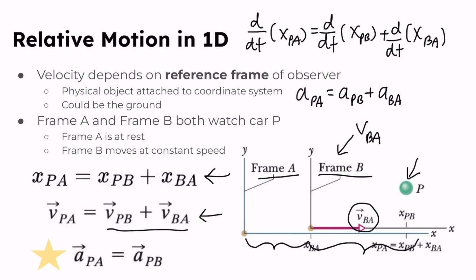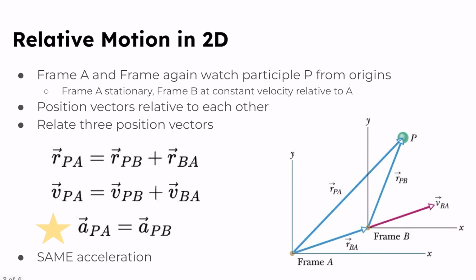However, because the velocity of frame B is constant, this just comes out to 0. And we get this equation over here, which tells us that observers in different frames of reference moving at a constant velocity relative to each other will always measure the same acceleration for a moving particle, which is a pretty important thing to remember. So now we're going to move on to relative motion in 2 dimensions.